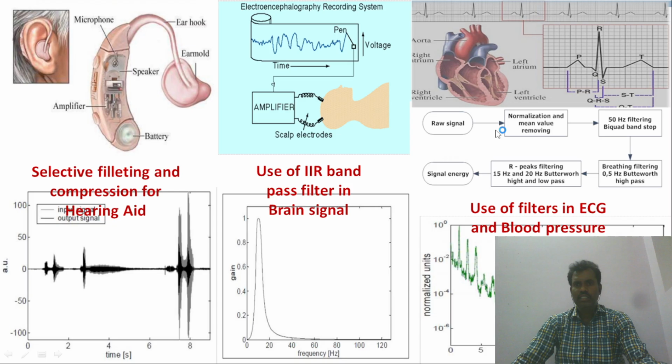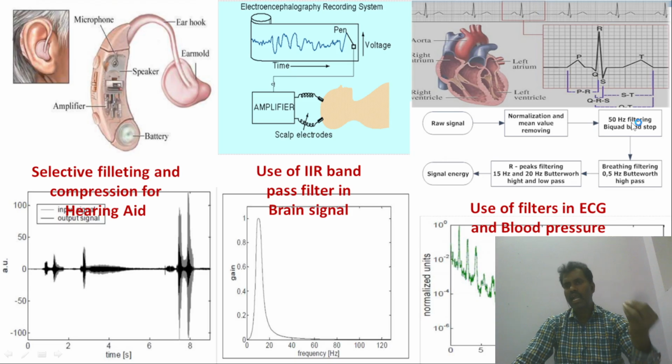It will take a raw signal and it will remove some kind of noise by using filters, a band stop filter. So it will eliminate 50 Hz. Every electrical device has a 50 Hz frequency from the power supply. So that may cause some kind of unwanted information.